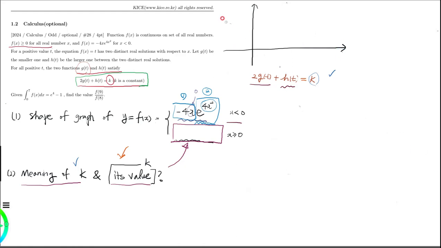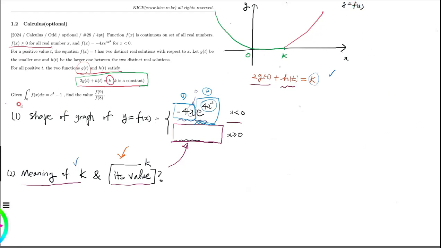The graph of f of x reaches the origin in the negative domain, and then it could maintain zero value until a certain point, let's say k, and then it bounces up. This is the rough graph of y equals f of x.